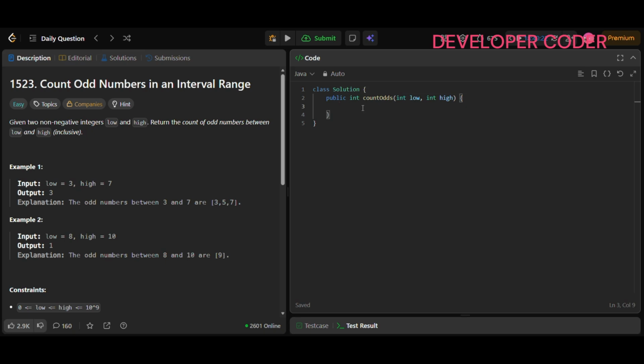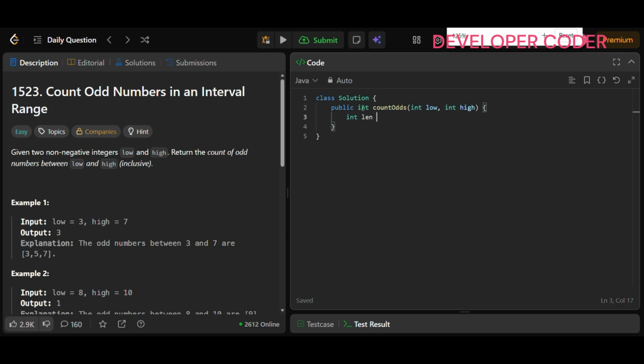Very simple. Here I'm first going to calculate the length, int length. Let me maximize the screen. Length is nothing but high minus low plus 1, and here I will write one if condition.